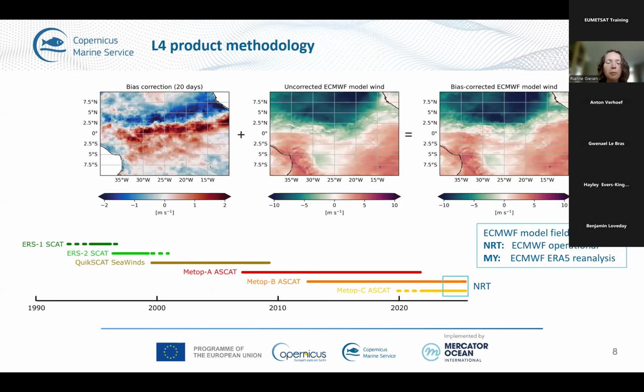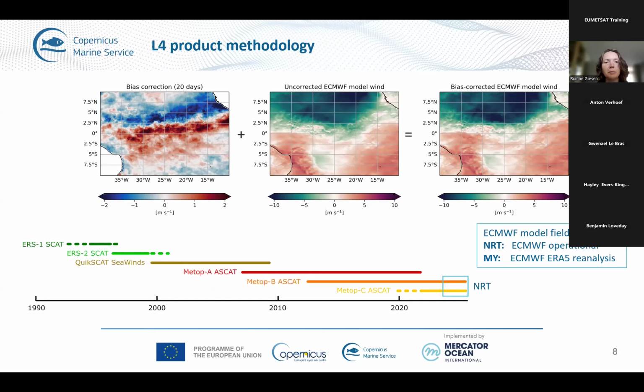The level 4 product, as I already mentioned, is a combination of observations and model fields. If you compare scatterometer observations with model winds, then you find very persistent biases which do not change much over time or only change slowly.